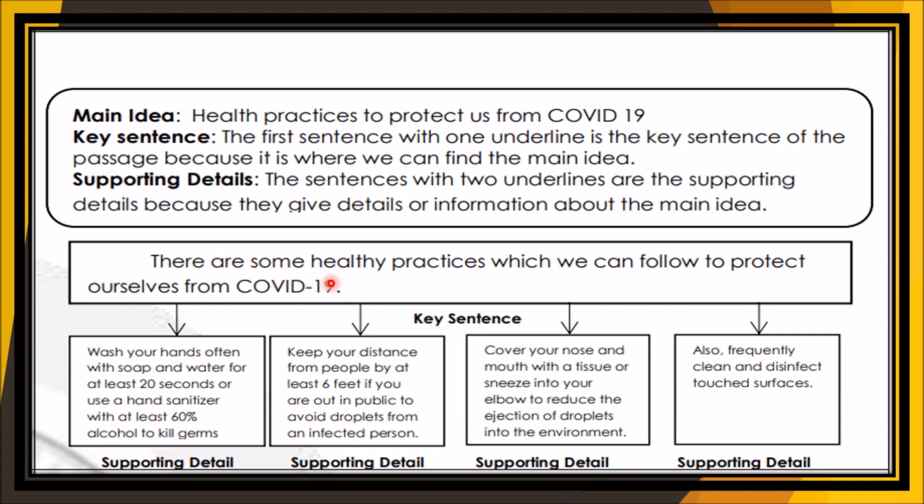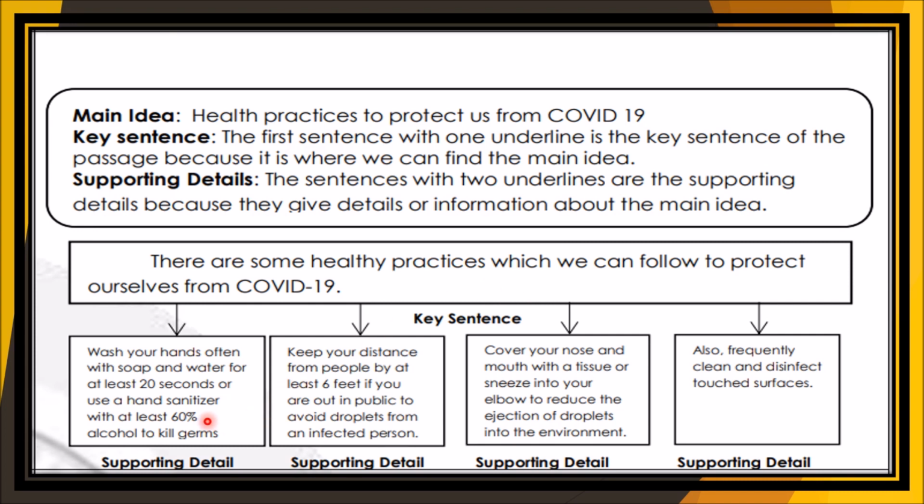There are healthy practices which we can follow to protect ourselves from COVID-19. So, again, the main idea there is health practices to protect us from COVID-19. We can find this at the first sentence in the paragraph together with the key sentence. Doon din makikita.